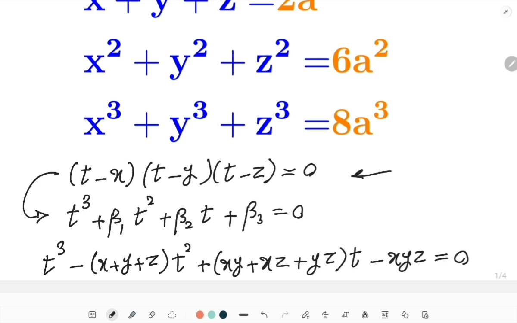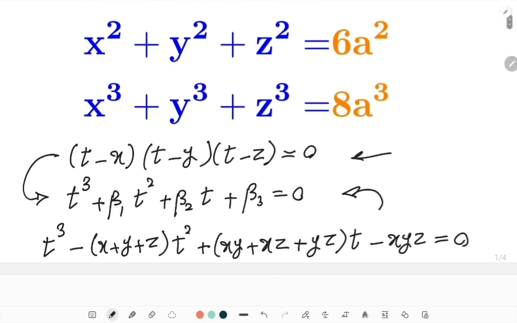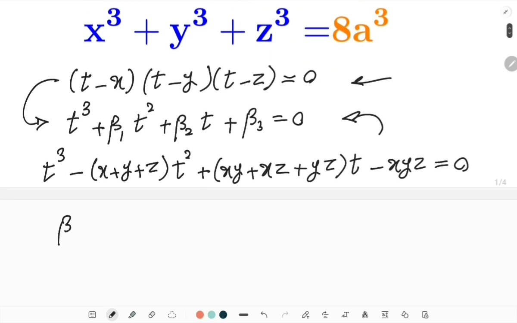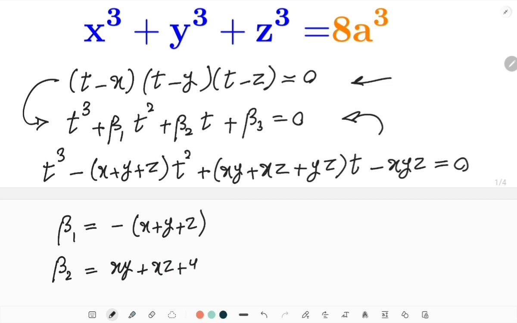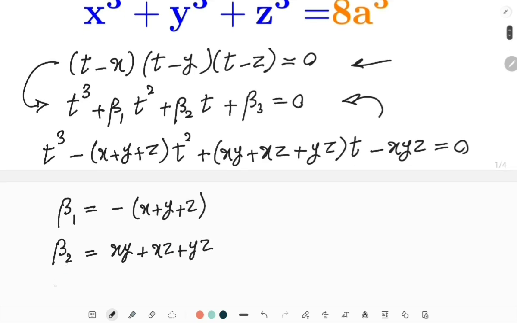So if these are the same, then I can say beta 1 must be minus (x plus y plus z), beta 2 must be xy plus xz plus yz, and beta 3 must be minus xyz. Okay?